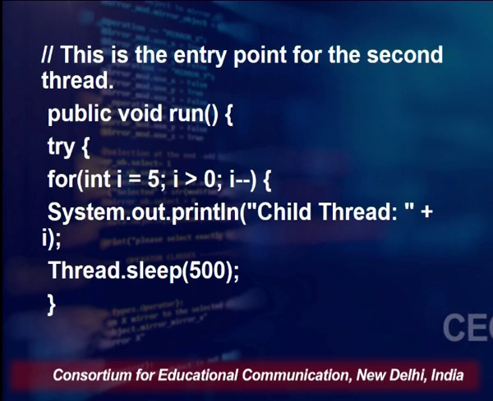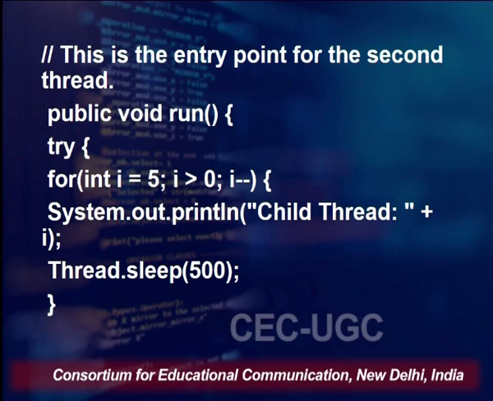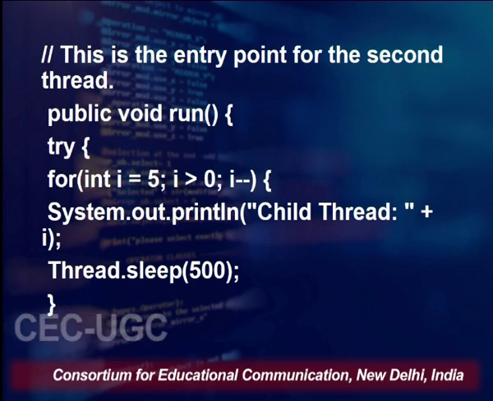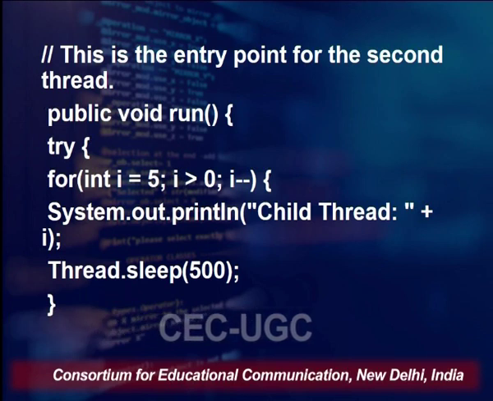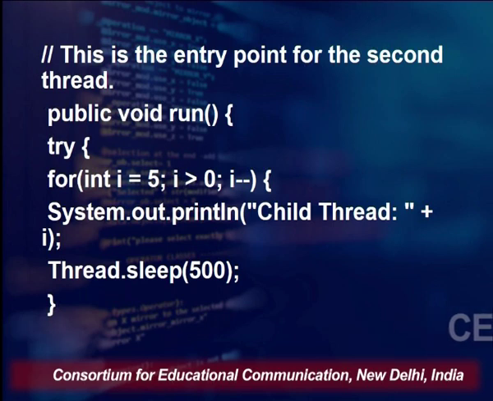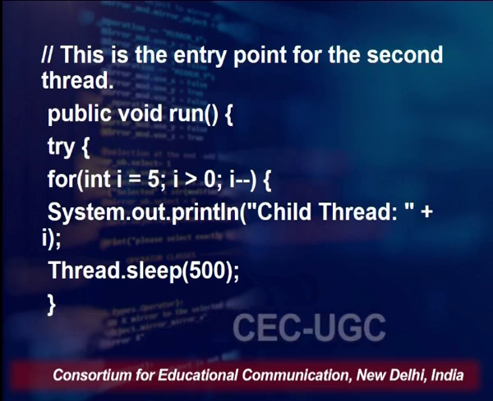And we have also seen this try catch block in our previous lectures, and I have explained it there also. Here I am going to take it in brief. We have taken a counter from I equals 5 to I greater than 0, and we are printing that count, and while we are printing that count, we are making that thread sleep for some particular time. Here the time quantum we have taken is 500 milliseconds.